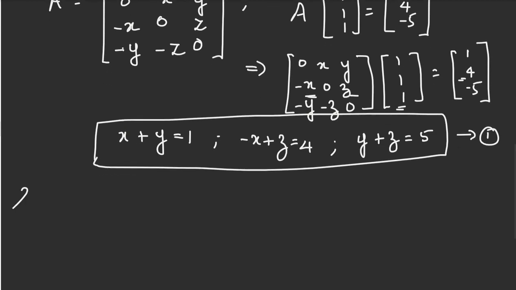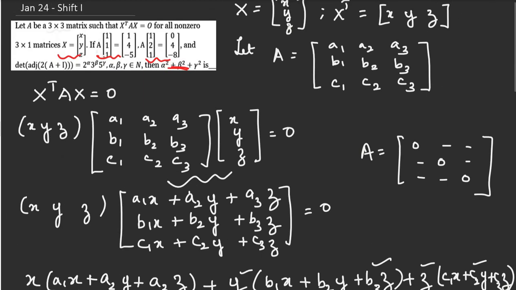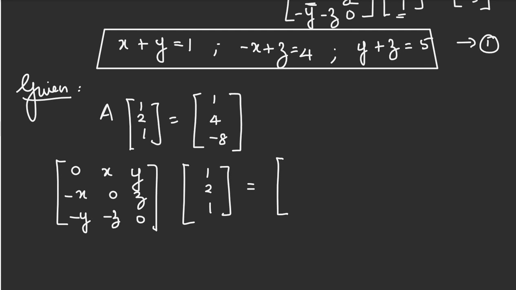Next, let us see what is given in the question. The second equation is A into the matrix [1 2 1] is equal to [0 4 -8]. Therefore, I write the right hand side as 0, 4, minus 8. So the next set of equations will be 2x plus y is equal to 0.